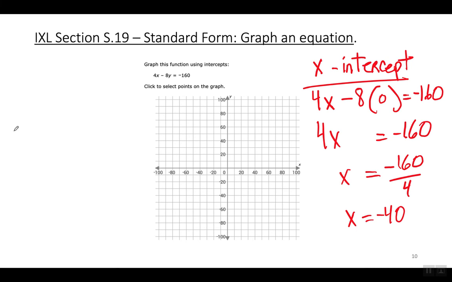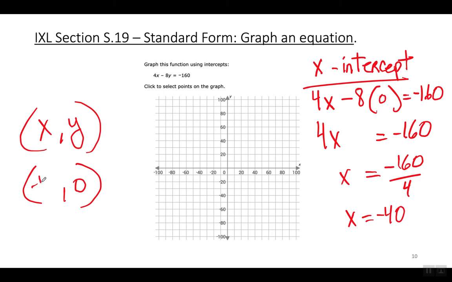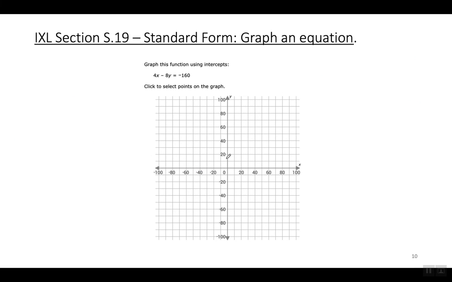All right, so when y is 0, x is negative 40. So my x-intercept is right there.